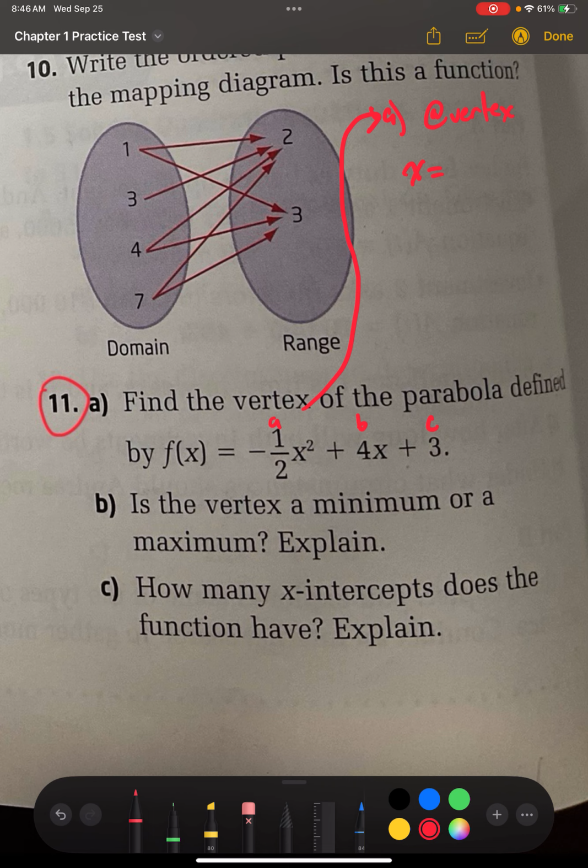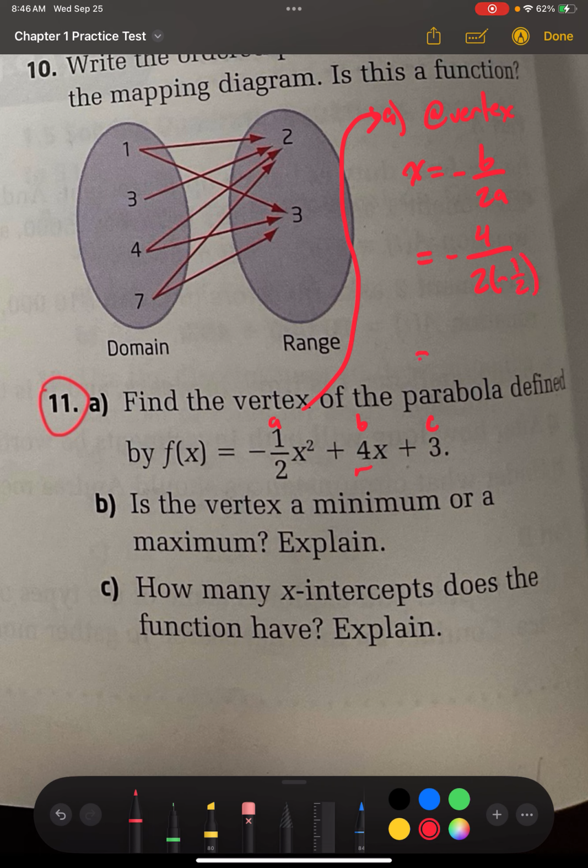x is equal to minus b over 2a, which is equal to minus 4 over 2 times, let's see, a is minus half.